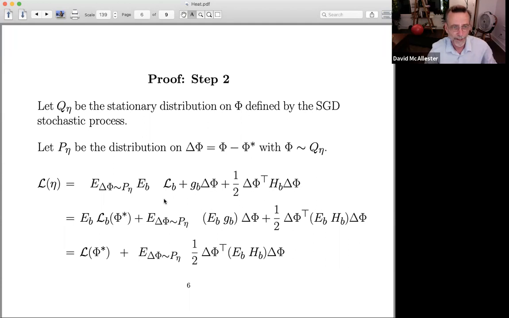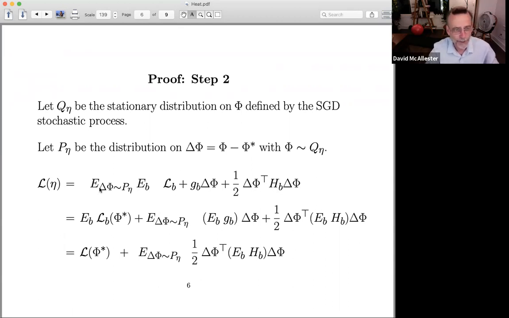That's going to be this value, plus the gradient, which for a given b exists and is not necessarily 0, times the change, the delta phi, plus a second order dependence on delta phi, which is determined by the second derivative of the loss function at that b.